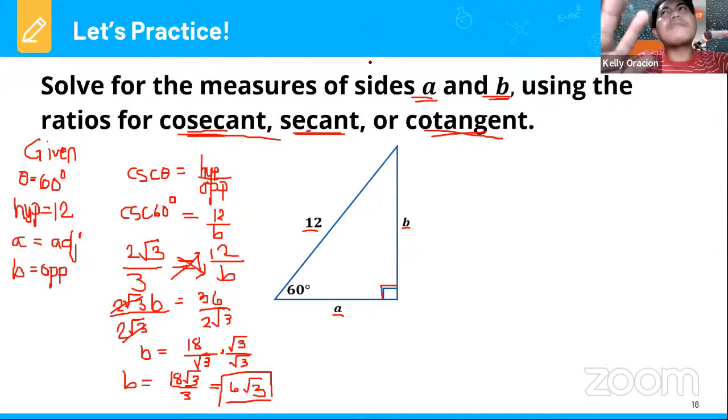But in my exam, hindi. It's your choice talaga. I need to consider kung saan kayo comfortable na ratio yung gagamitin ninyo. Sige, so let's use this one for the second problem, secant theta.